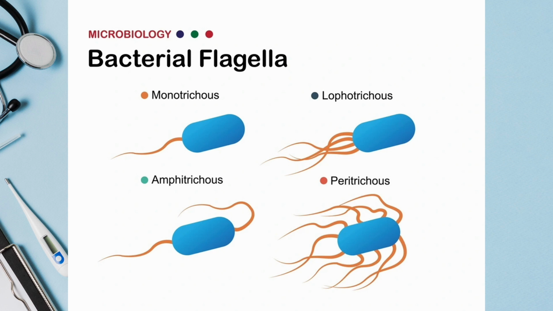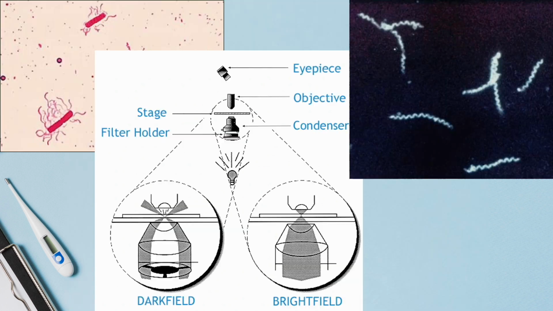So it can be two bunches of flagellum on both poles, or two flagella on two poles. Also, it can be lophotrichus, just one bunch of flagella on one pole. And peritrichus, when we have flagellum around the bacteria. So the entire surface of bacteria is covered with flagellum. All of these bacteria will be motile. Most of them will be rod-shaped bacteria.